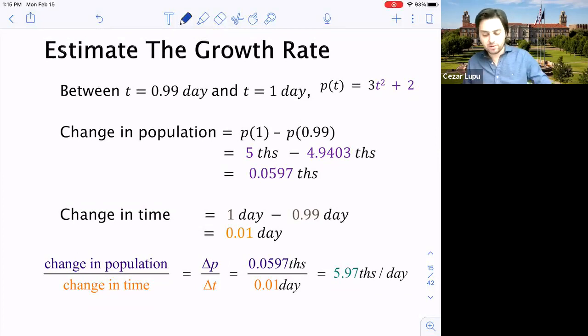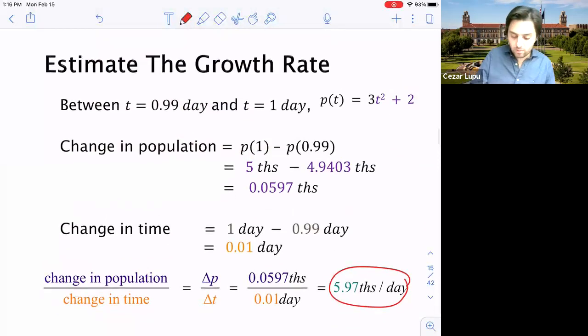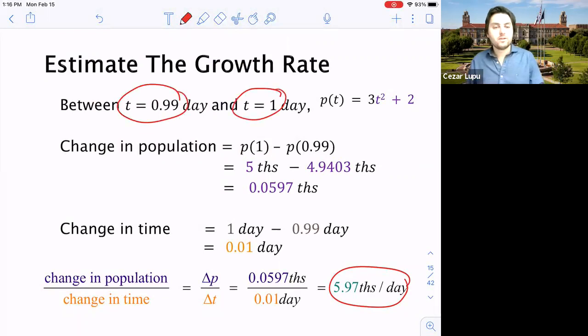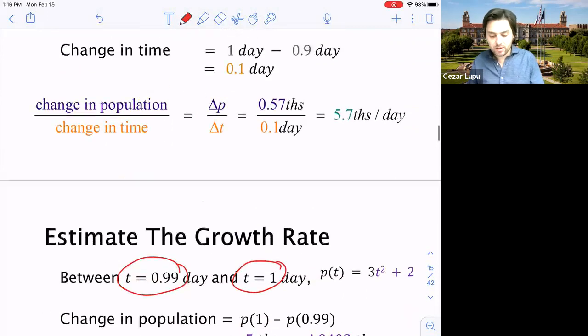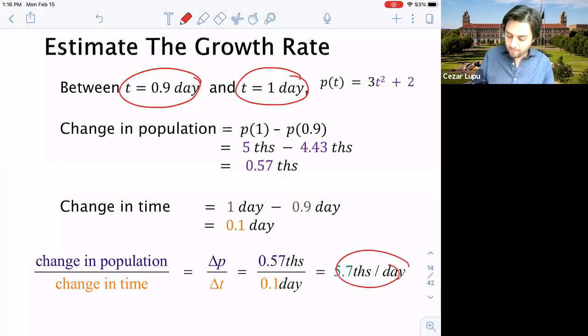Well, let's compare the results a bit. So you see here, 5.97. If I go back, here is 5.97 when we had these two, between 0.99 and 1. And now between 0.9 and 1, we got this here.